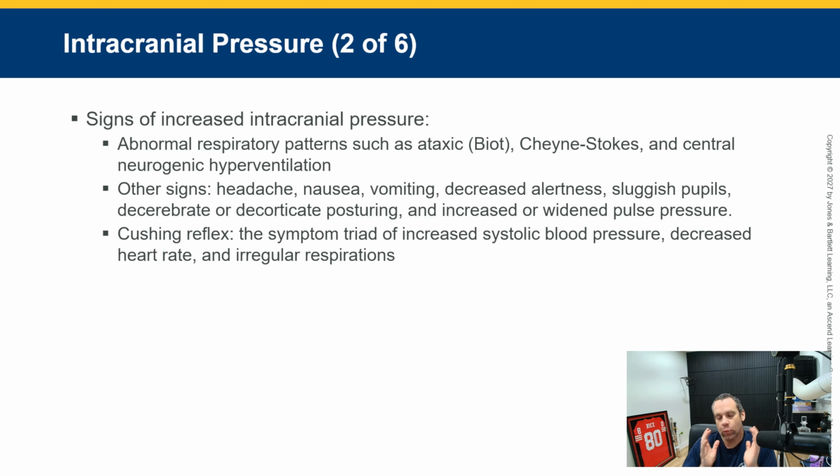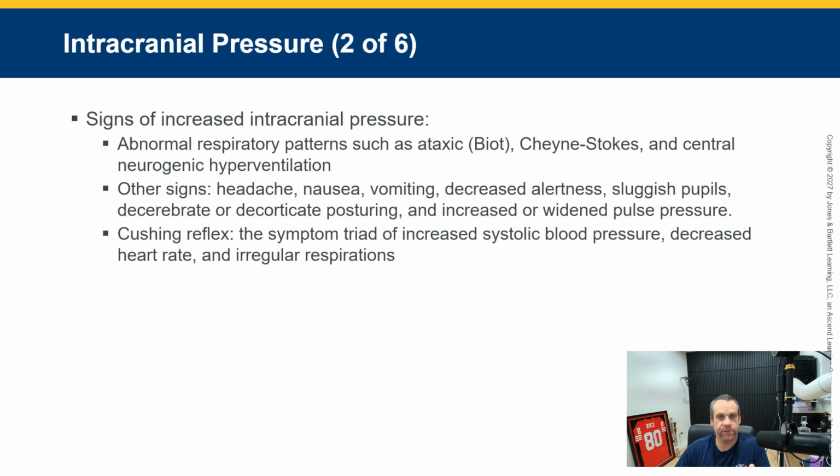Again, that rising intracranial pressure tends to increase as the condition becomes more severe. Early findings of increased ICP include worsening headaches, nausea, vomiting, confusion. Potentially the patient becomes more drowsy.